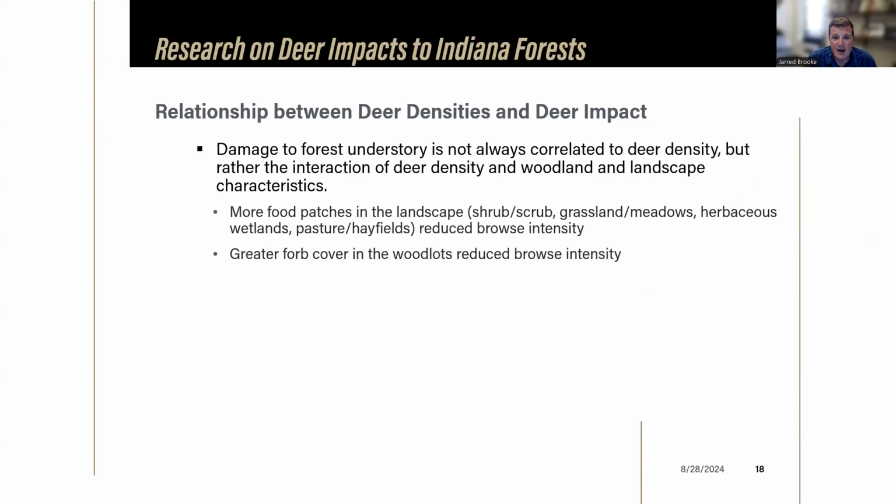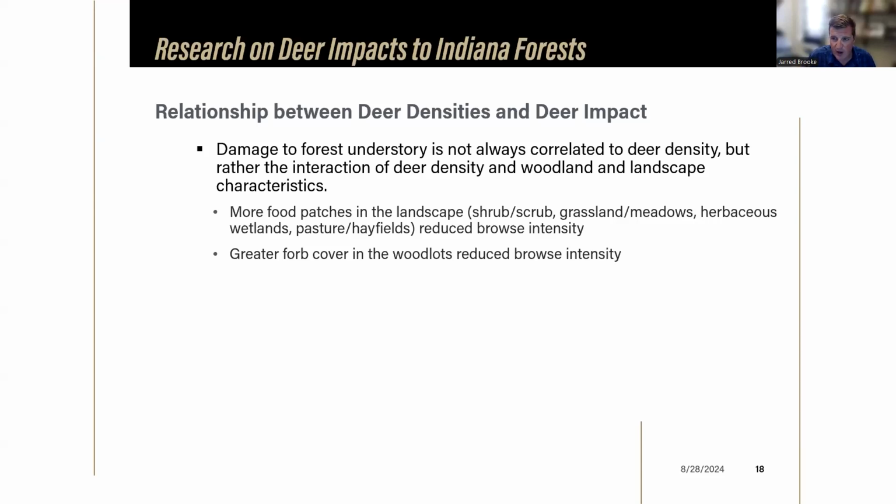And so I think it comes down to the fact that damage to the forest understory is not always correlated to deer density, but rather the interaction of deer density and the woodland and landscape characteristics. What that research found was that landscapes that had more food patches, things that deer could eat, or vegetation types where deer could find food, some shrubby areas, grasslands, meadows, herbaceous wetlands, pastures, hay fields, had reduced browse intensity or reduced impact.